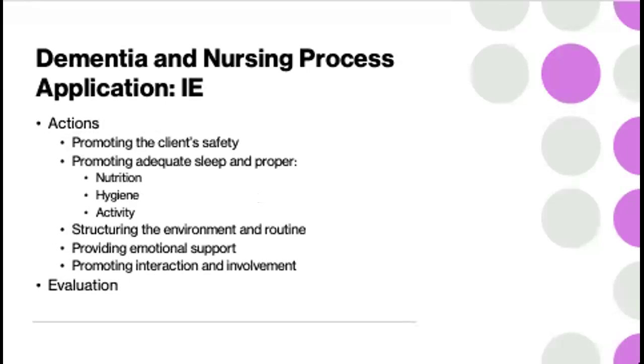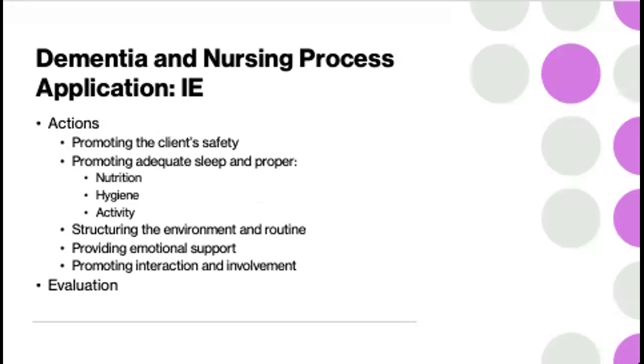So, what actions are you going to do? What's your implementation? If we're talking about safety, right, we want to make sure that we are offering them the least restricted living possible. So unrestricted living, the safest that it can be.